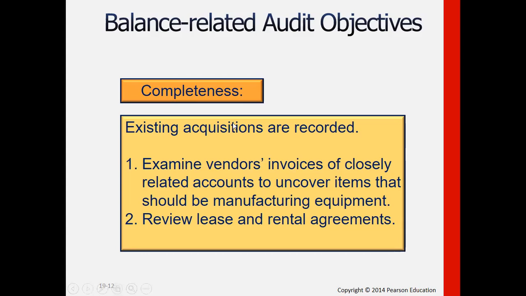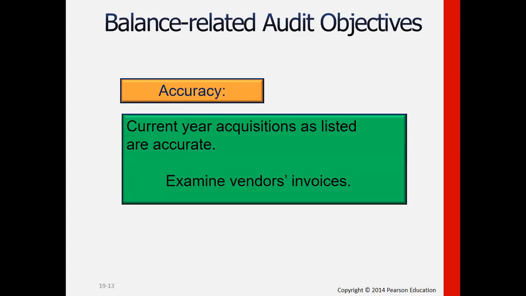So that is to satisfy the completeness assertion, and you call that flow of checking as tracing. Then we review lease and rental agreements because we will never know if the lease is a finance lease, in which we would be able to actually consider such rented assets as ours.